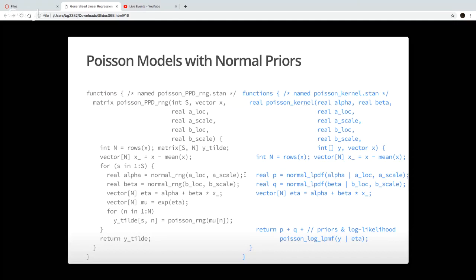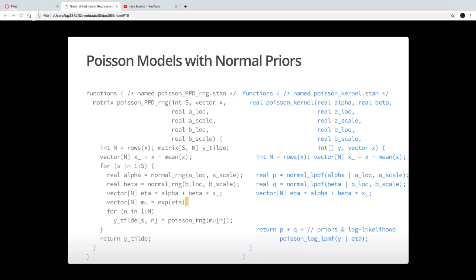In this case, it's a count, unbounded rather than success or failure or anything like that. But when drawing from the prior predictive distribution, all this stuff is the same until I get to this line. So instead of mu being whatever it was for a Logit model or a Probit model as it relates to eta, now mu is equal to e raised to the power of eta. So that's my conditional mean function.